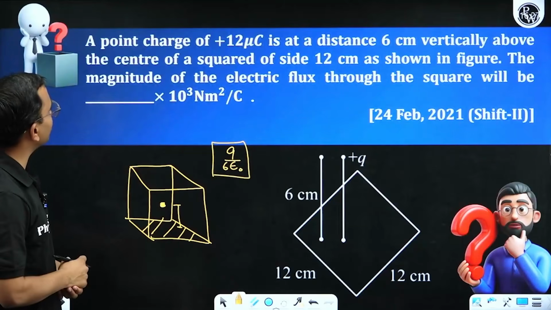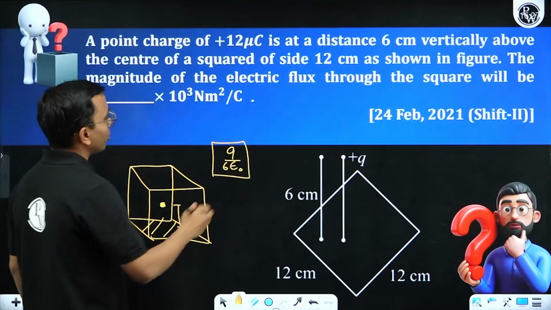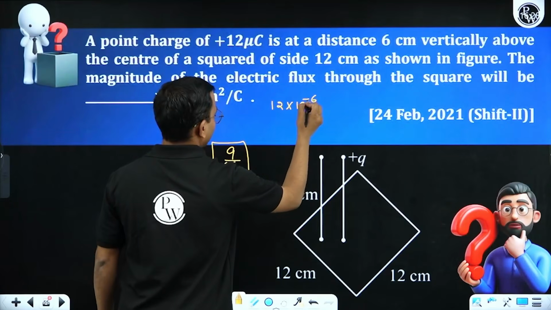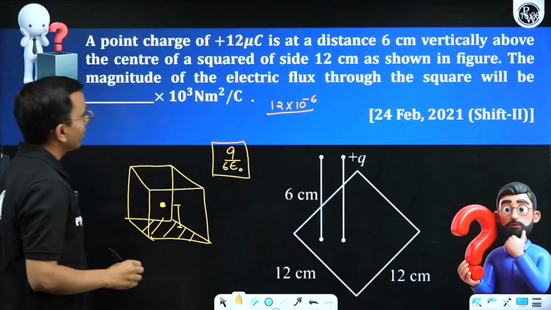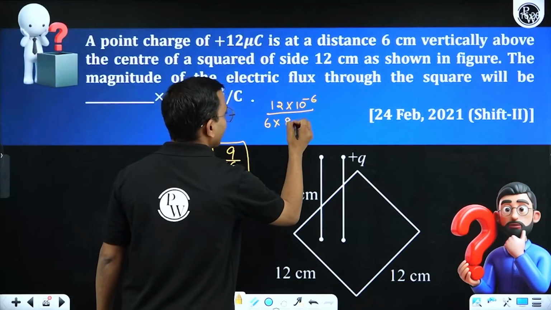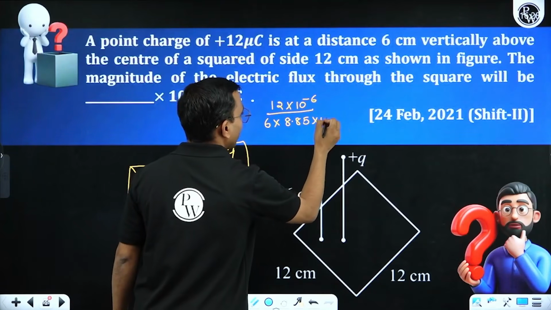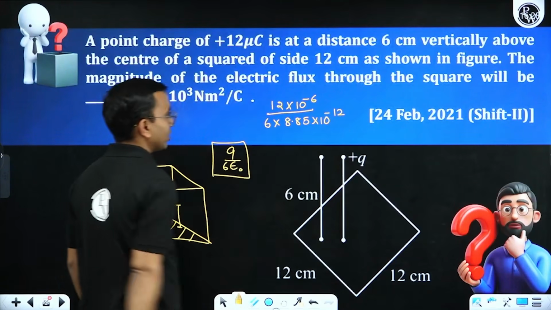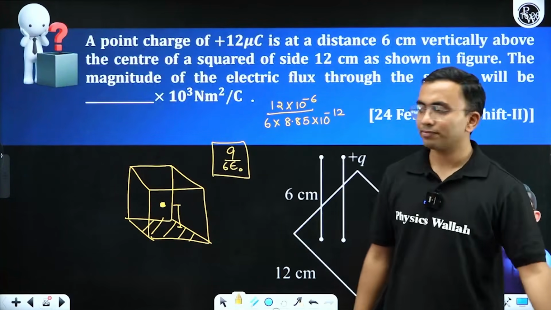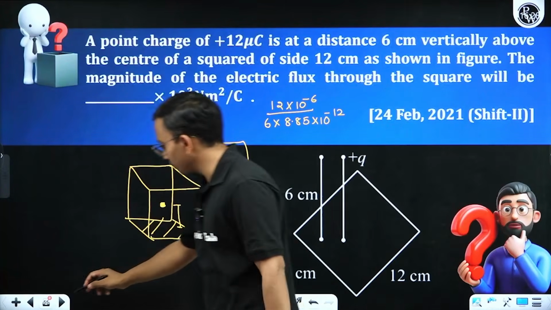The point charge Q is 12 microcoulomb. So 12 into 10 to the power minus 6 divided by 6 epsilon naught, with epsilon naught 8.85 into 10 to the power minus 12. That's all. You just do the calculations, you'll get the answer from here. Simple conceptual question.